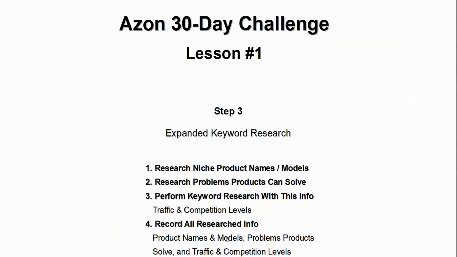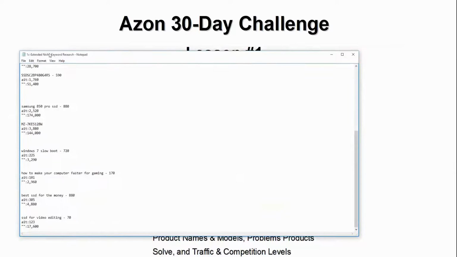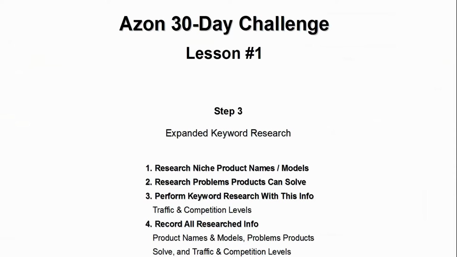And again, I have recorded all of this information to go along with it so I can glance back and easily decide what are going to be the good choices here and what's not going to be such a great approach. And again, you do all this based on the way you actually come up with these competition levels. You're looking for high traffic and as low of numbers as you can possibly find on the all-in title and the direct quote searches.